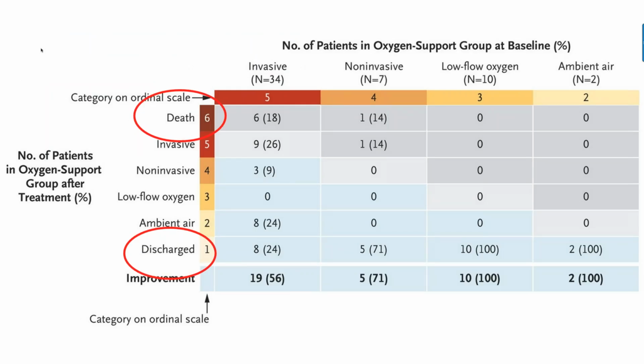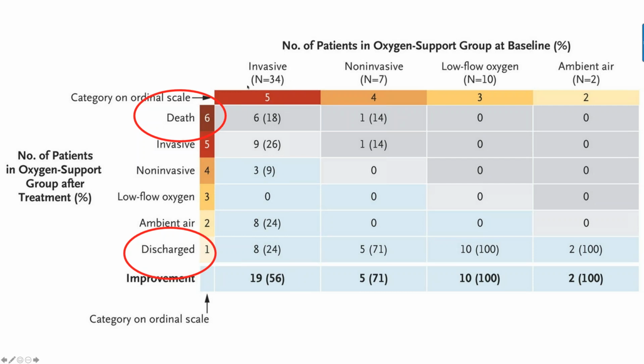This is kind of a telling slide, and again, in context, it's difficult to sort out because there was no comparator. But if you draw your attention to these two areas, you look at invasive, non-invasive, low flow oxygen, ambient air at the time of receiving the drug.